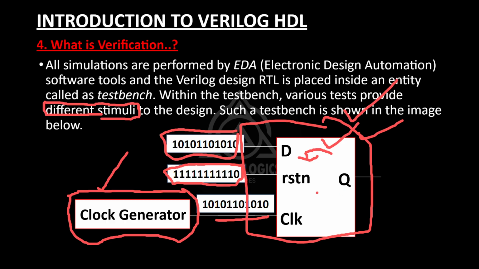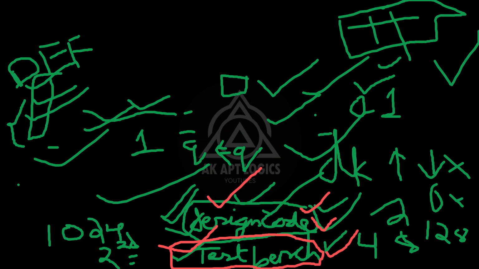Based on these input test cases, the corresponding output will be obtained, and we will compare this output with the actual values, which may be the TT, the truth table, or some other functionality. If everything is fine, then we will generate the gate level netlist and further processing will be taken.